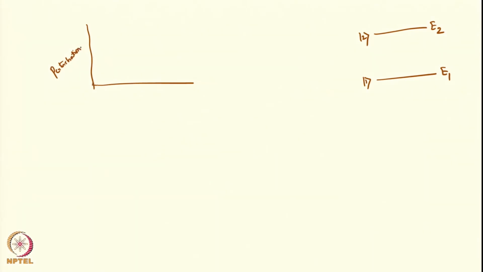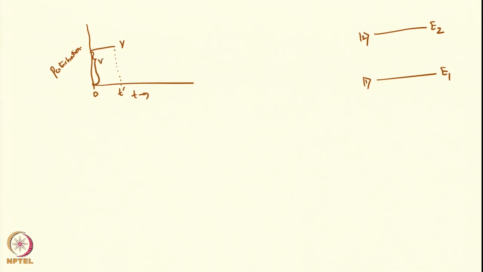So I will switch on at time t is equal to 0 a constant perturbation for some time, until t prime, and I will have some value, let me call it v.